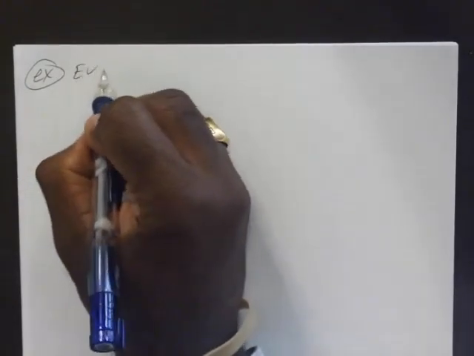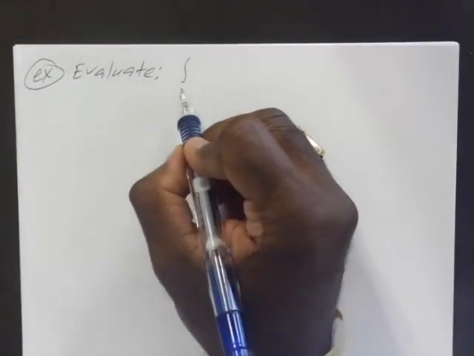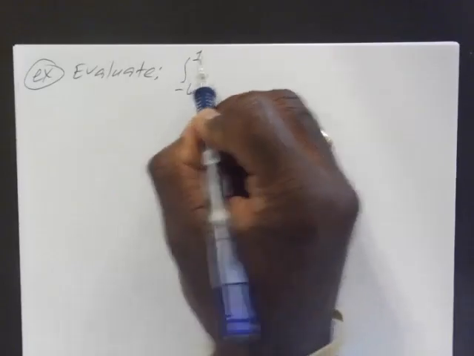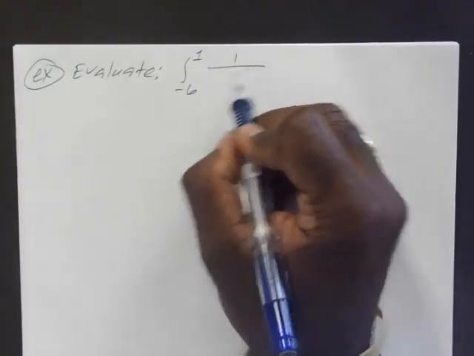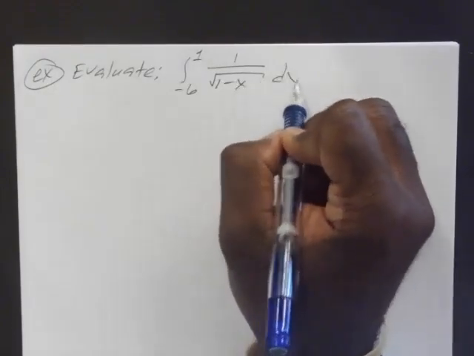Okay, so let's say, for example, we wanted to evaluate the integral from -6 to 1 of 1 over the square root of 1 minus x with respect to x.